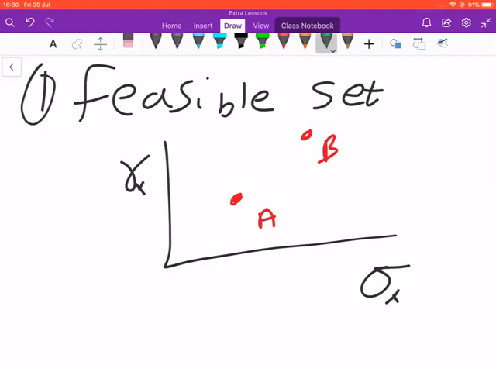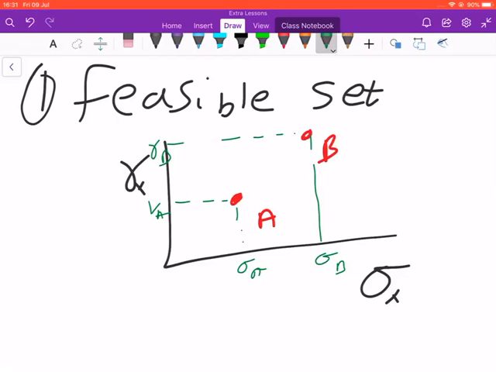Where will your return and your risk be? When you buy asset A, this is your return versus your risk. When you buy B, this is your risk for B and your return for B. But what happens when you want to buy 50% of A and 50% of B? Where will your risk and your return be?